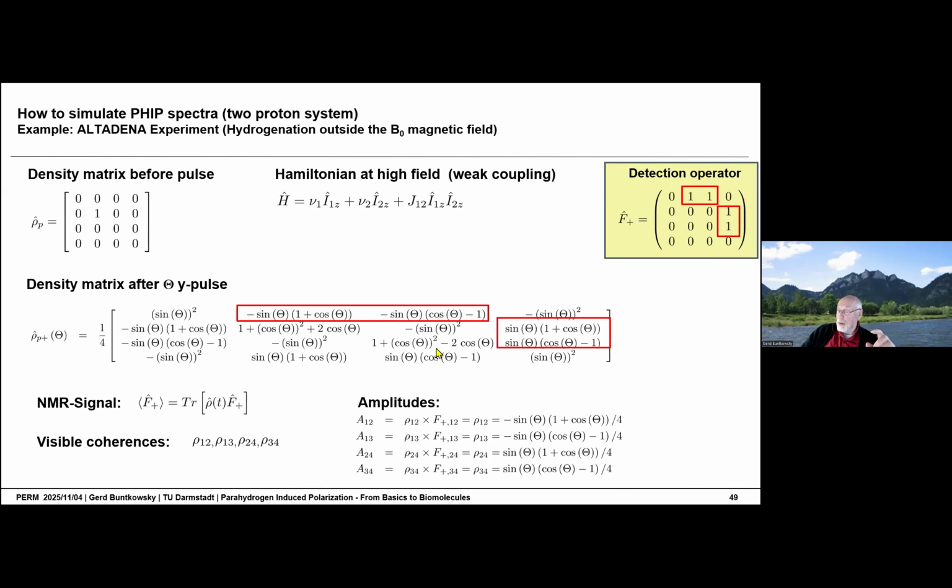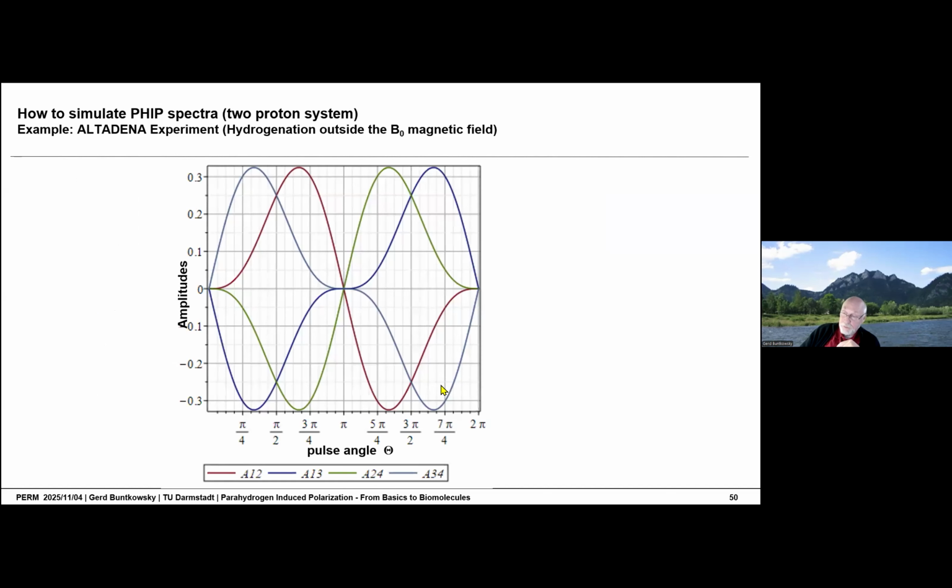When you write them down, here are the amplitudes of the 4 lines as a function, in this case, of the pulse angle. We can also plot this. Here is the pulse angle, and this here are the amplitudes of the 4 lines, and you see how they change as a function of the pulse angle.